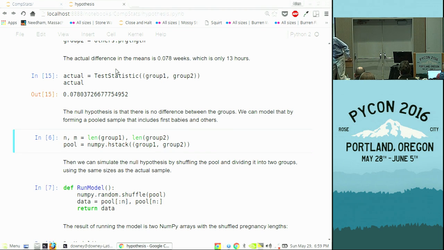But here, I've got a function called runModel that is taking that pool, the two groups lumped together, shuffling them, and then splitting them up into two random groups by just taking the first n and the last m.